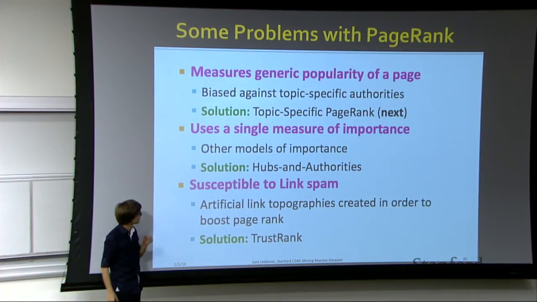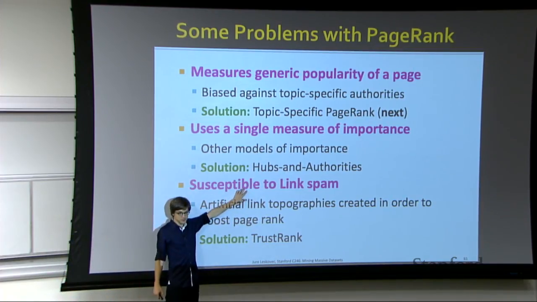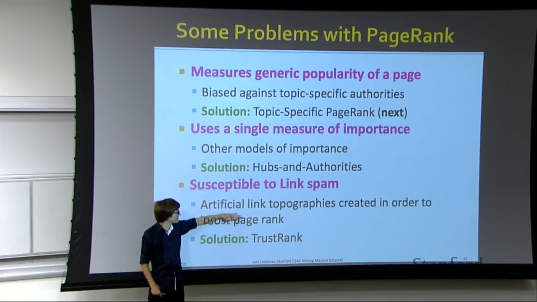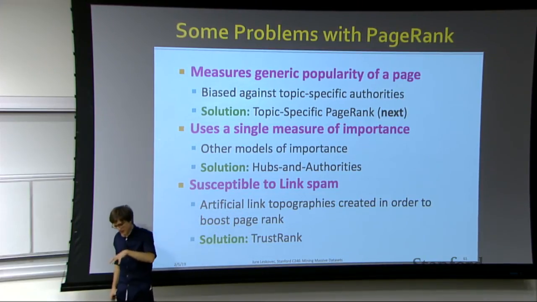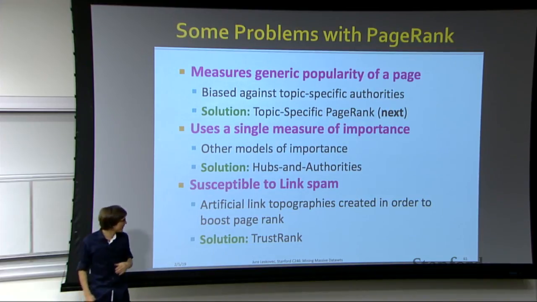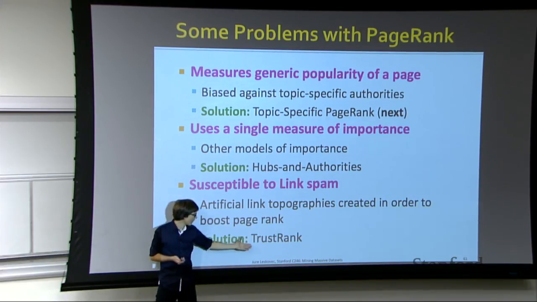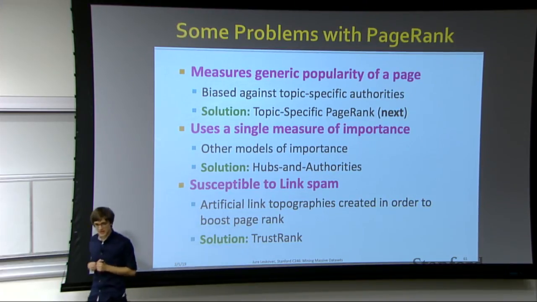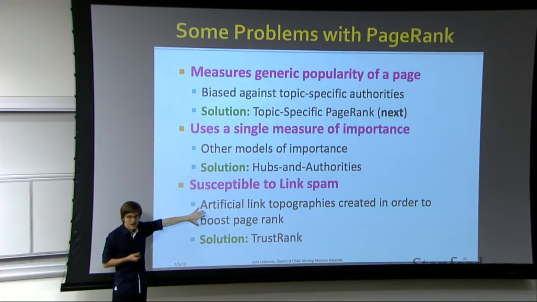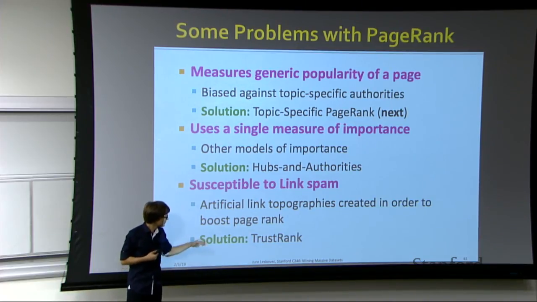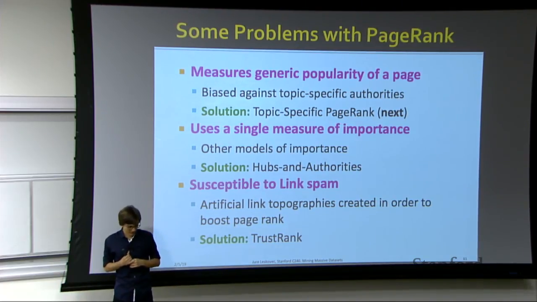And as there was a good question before, this formulation is susceptible to what is called link spam, where somebody can create an artificial topology of hyperlinks with the goal to increase the PageRank score of a single page. And on Thursday, we will talk about this method called TrustRank that tries to identify these artificial topologies that are there just to boost the importance of a single page. So this is the plan for Thursday.